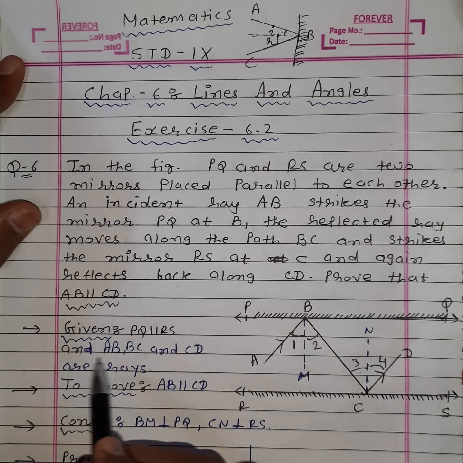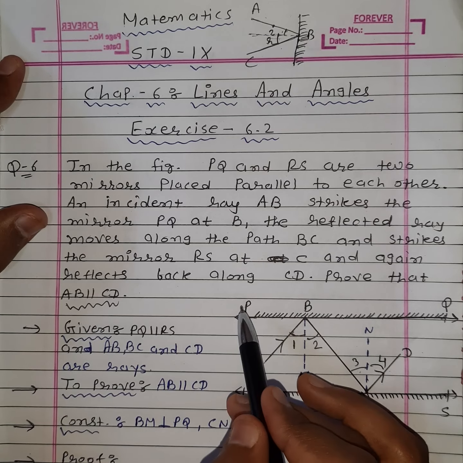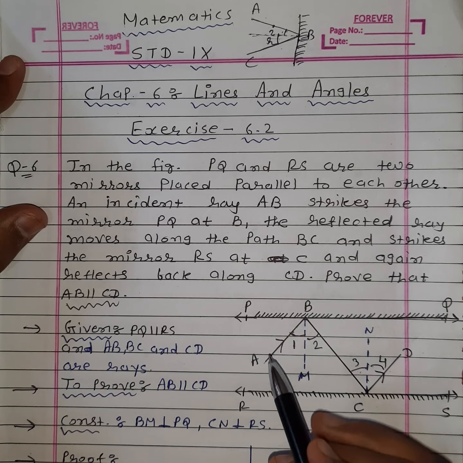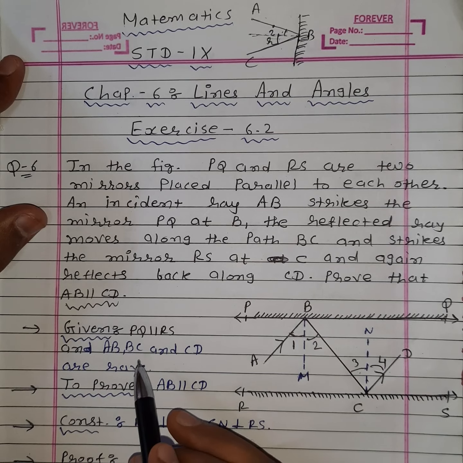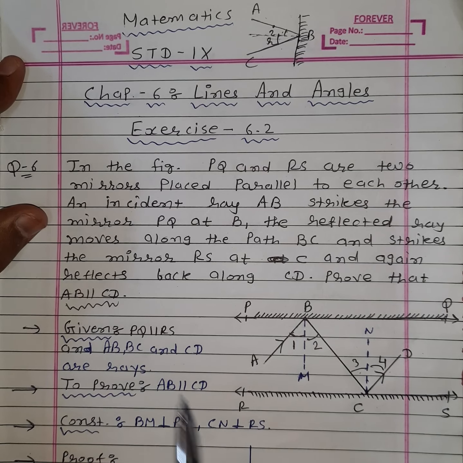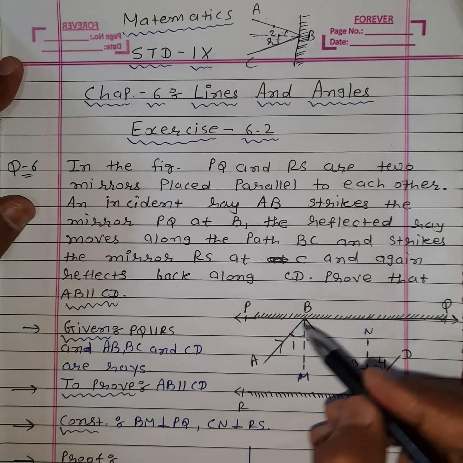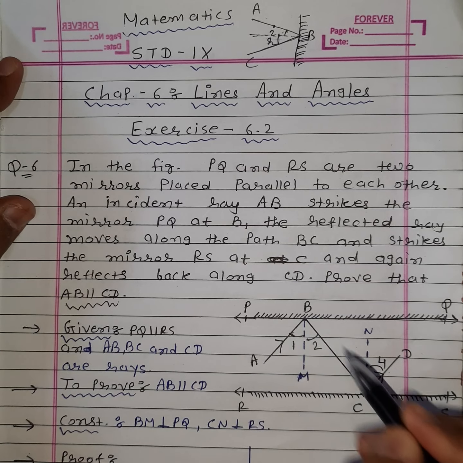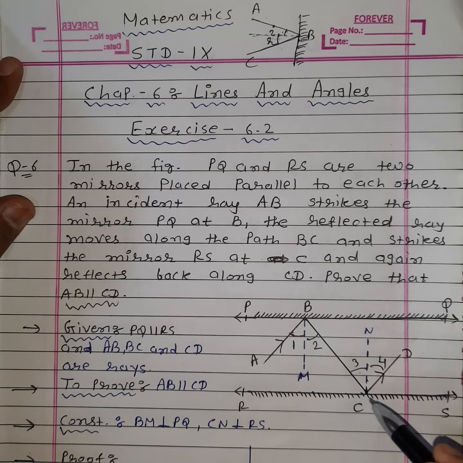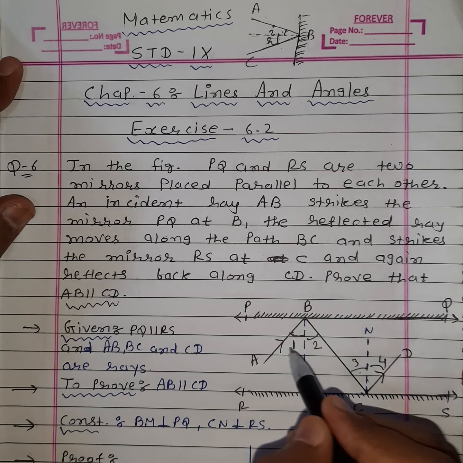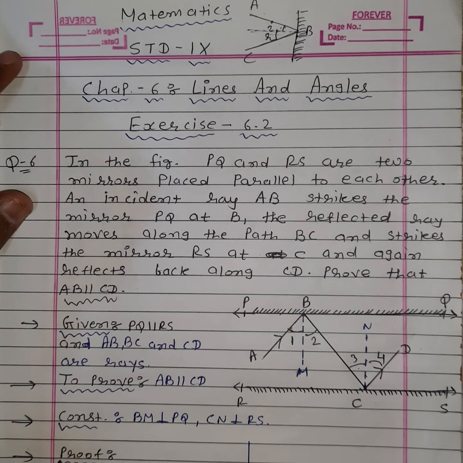First of all, here we have written the given data. Here we are given that PQ is parallel to RS, and AB, BC and CD are the rays, which we have written over here. And what we have to prove? We have to prove that this ray AB is parallel to CD, in this question.